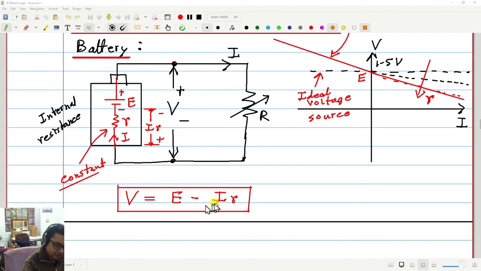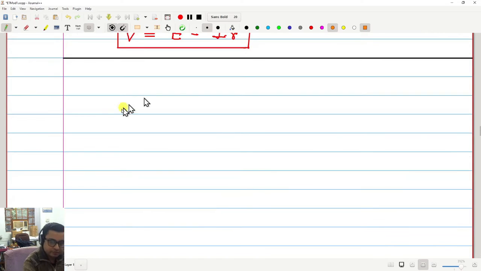V is equal to E minus IR. Here which voltage does V represent? V is the voltage from this point to this point. Then the voltage in the battery is simply IR, sir? No, let me draw it clearly. Maybe my drawing is not nice.